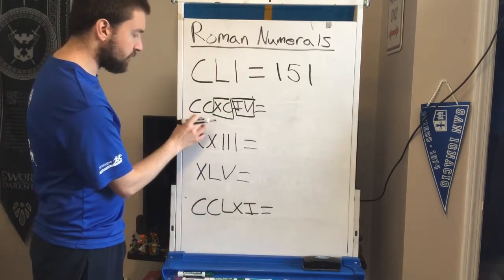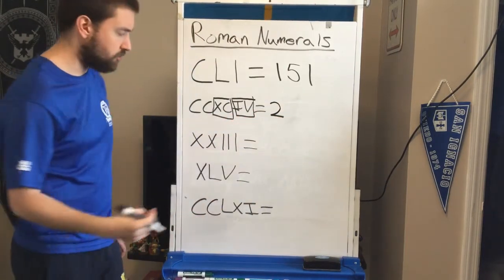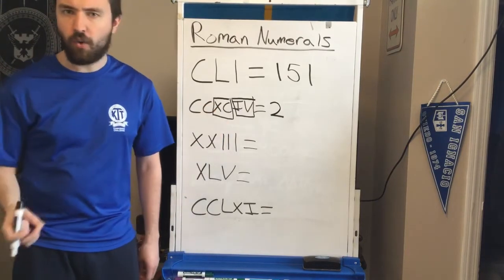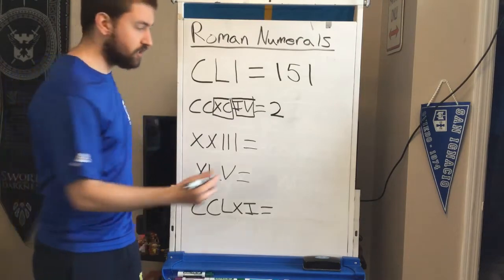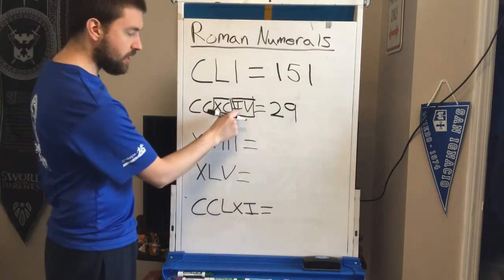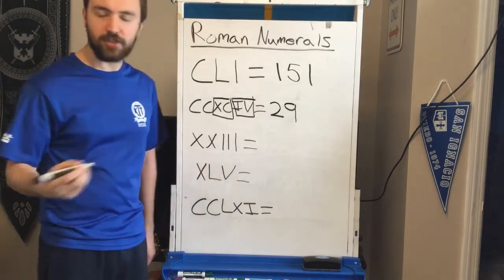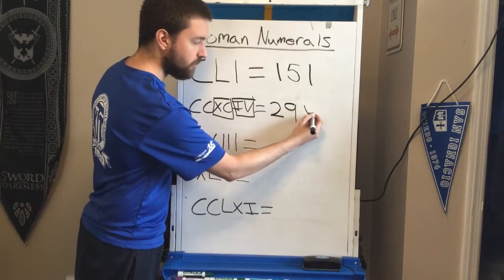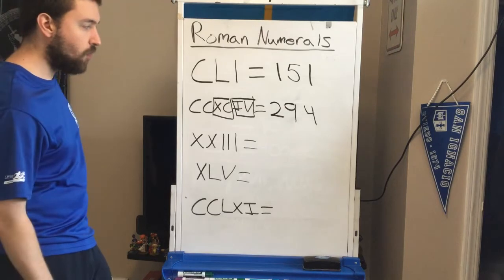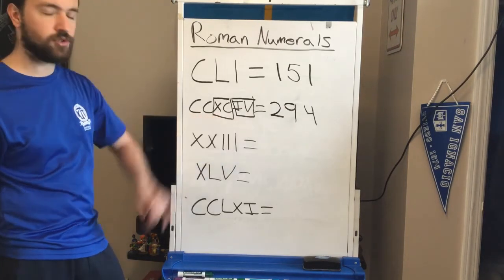So if we start with CC, that's 200, because 100 plus 100 is 200. Now I have XC, 10 before 100. 100 minus 10 is 90. And then I have 1 before 5. 5 minus 1 is 4. So this number, CCXCIV, is 294. Tricky stuff. They threw a double subtraction in there.